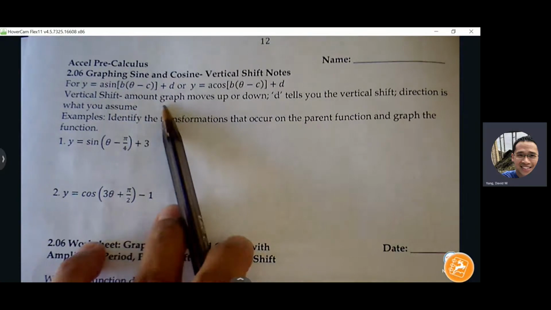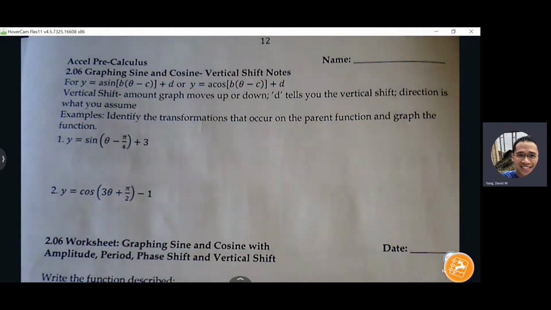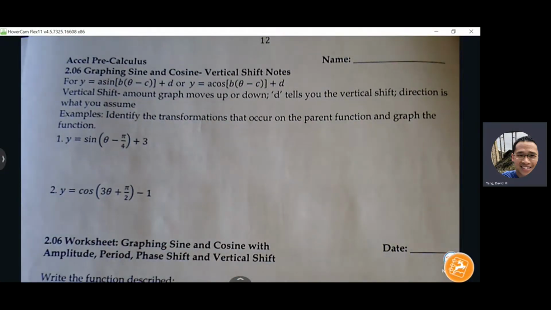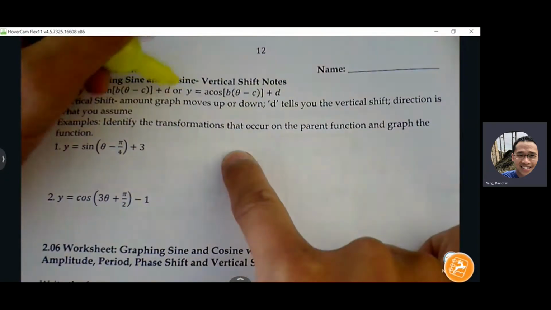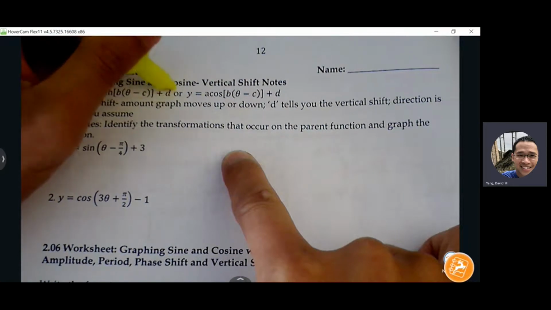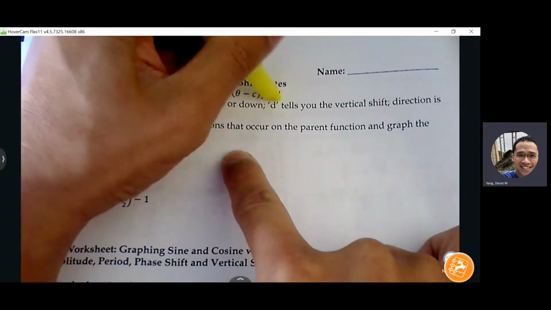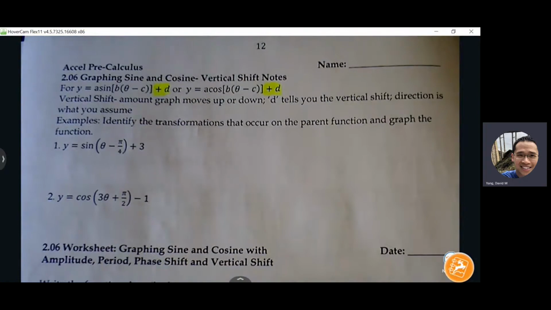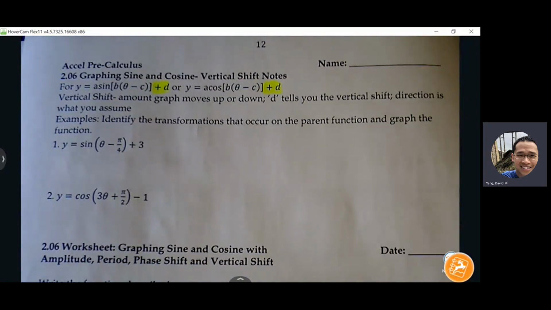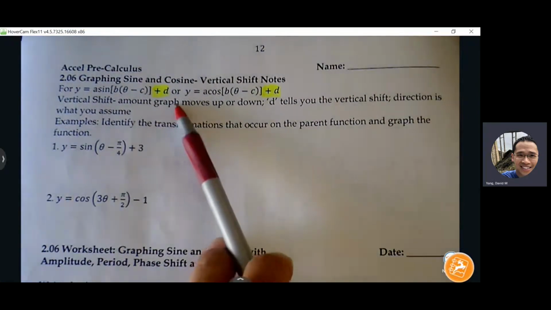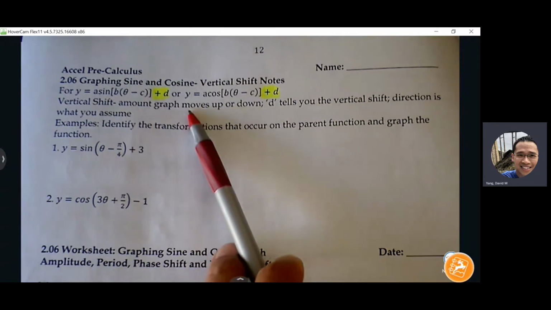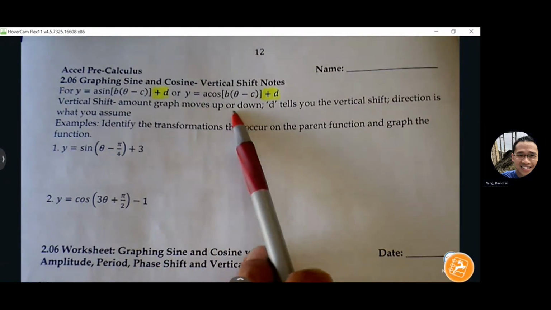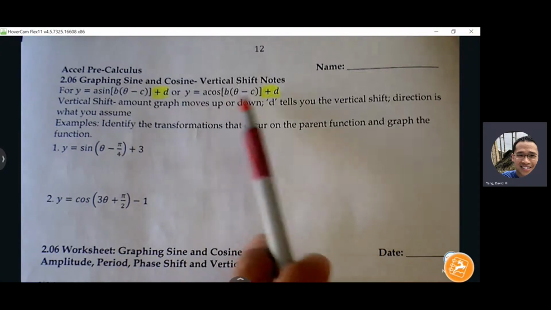A vertical shift is how far the graph moves up or down. The way we can identify a vertical shift is we look at the number that is added or subtracted at the end of the problem. It's completely outside the function, not inside a set of parentheses. That number by itself outside the function is going to either move the graph up or down, and this one is more straightforward.